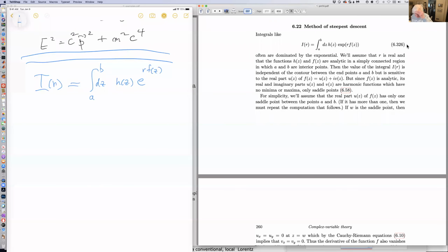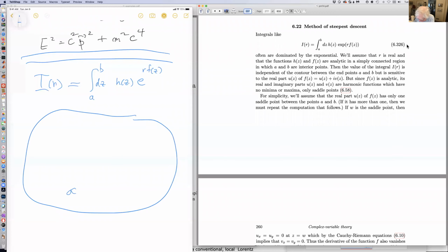Okay, now, as Biden would say, here's the deal. What we're imagining is that the function f is analytic here, and h is also analytic, and we're in a simply connected region, and so we've got some region here of analyticity.